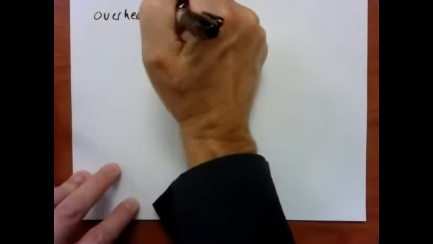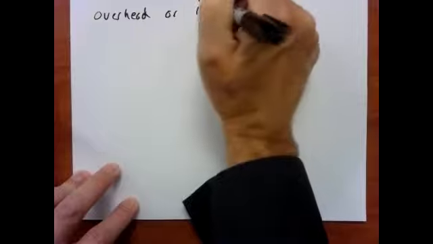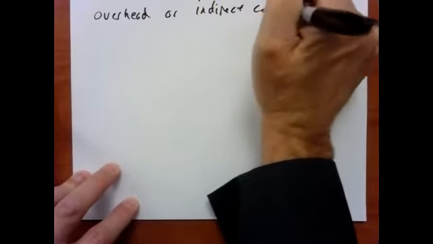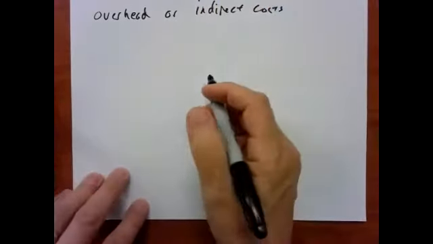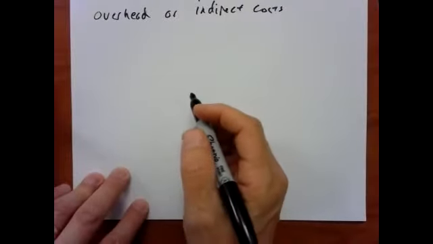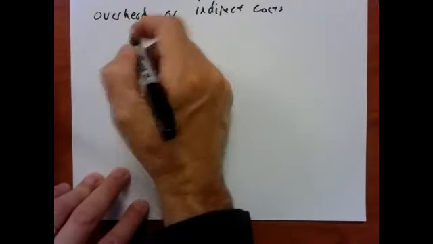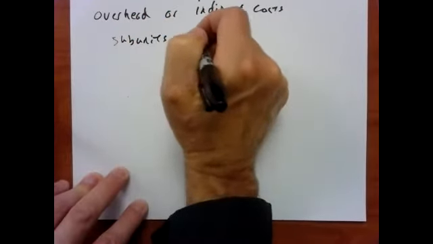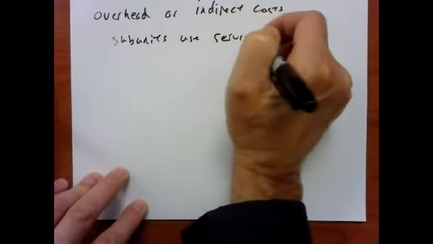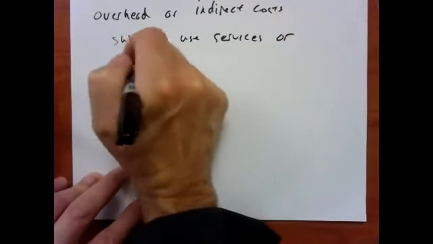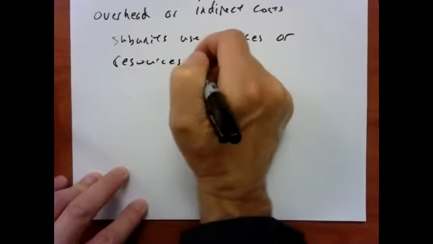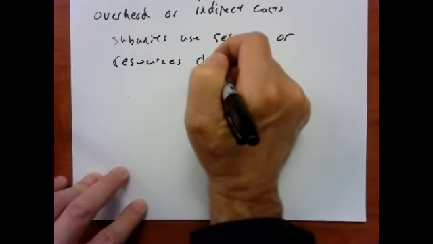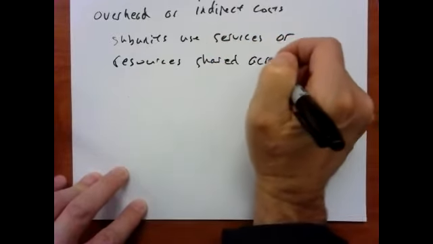Then we have overhead or indirect costs. Right, and these are costs where subunits use services or resources shared across the organization.